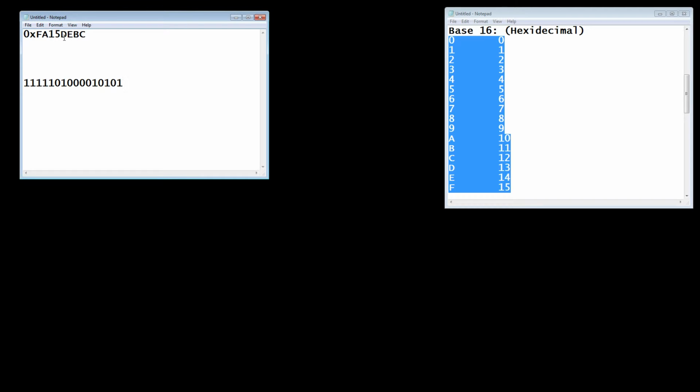Doing the rest of these, I'm not going to do that because I have it here somewhere. Here it is. This whole thing here is equivalent to this here. You remember that each of these is equal to 1 nibble, right?